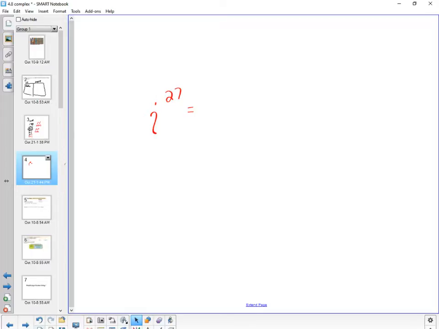Wait, can you go back to the other one? I forgot the pattern already. It's i, negative 1, negative i, 1.